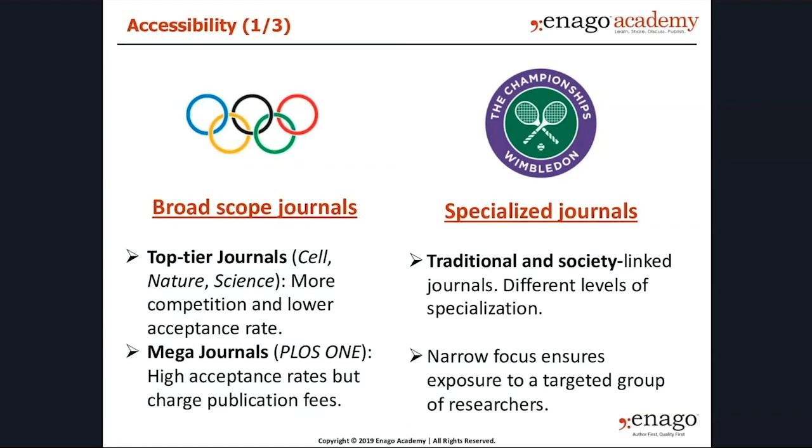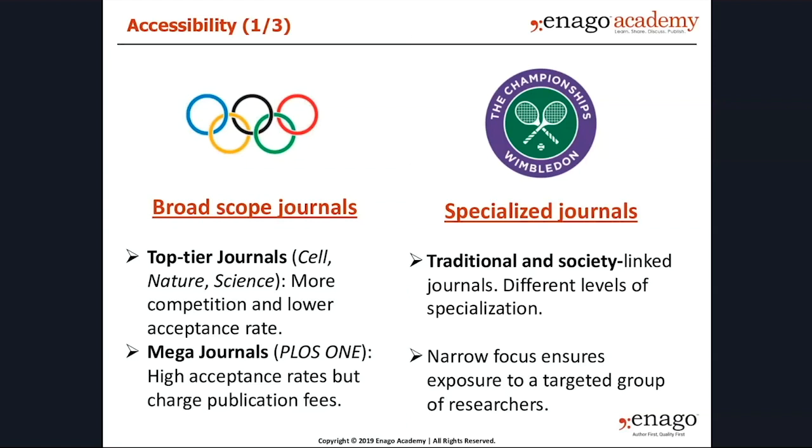Open access journals, broad scope open access journals like PLOS One, they may have higher acceptance rates because they are not accepting for novelty. They're only looking for the rigor of the method to make sure that the research has been conducted with integrity and will be a valid piece of research that can be used by other researchers in the field.